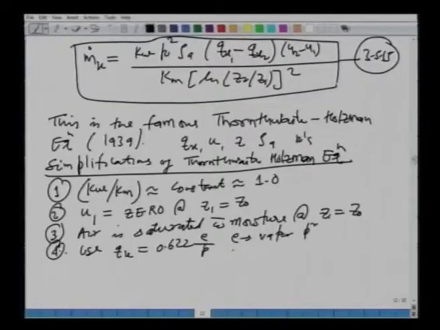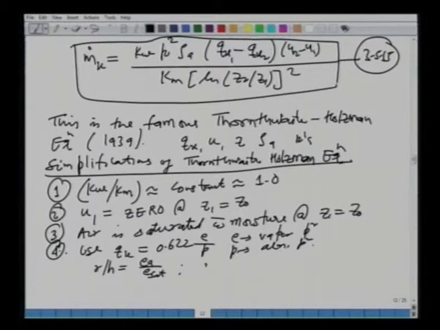That will give you the vapor pressure. P of course is the atmospheric pressure, which we can measure. So, measurement of E and P will give you the estimation of QV. And then what is relative humidity? It will be nothing but E actual over E saturated. We have seen this earlier.